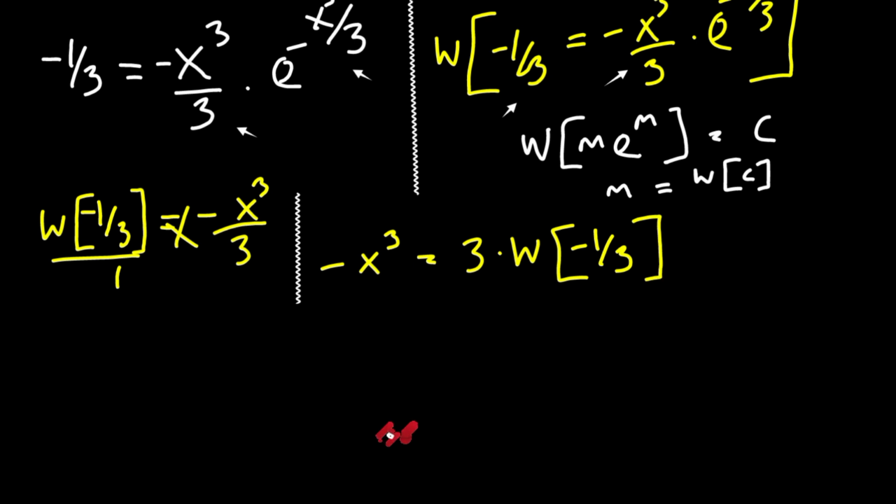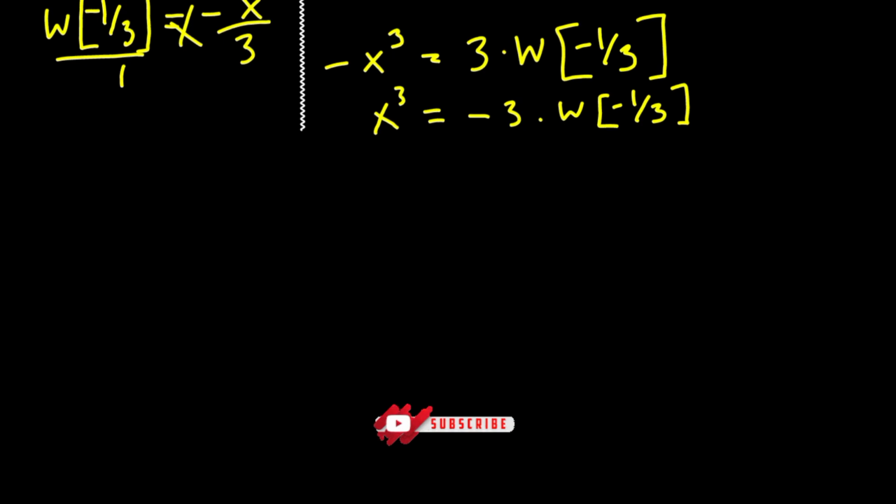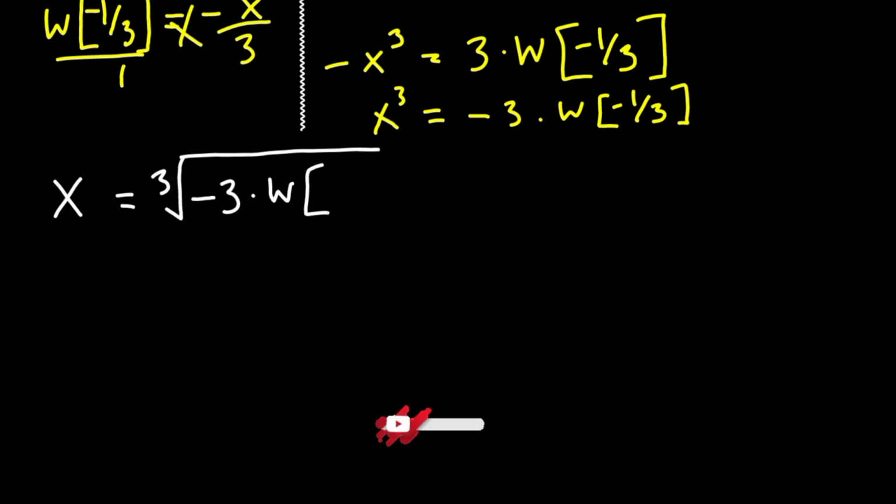And also, we multiply both sides by minus 1 so as to swap the sign. And then we have x cubed to be equal to minus 3 times the W function of minus 1 all over 3. And then finally, to find the value of x, we are going to be taking the cube root of both sides. So we have x to be equal to the cube root of minus 3 times W function of minus 1 all over 3.